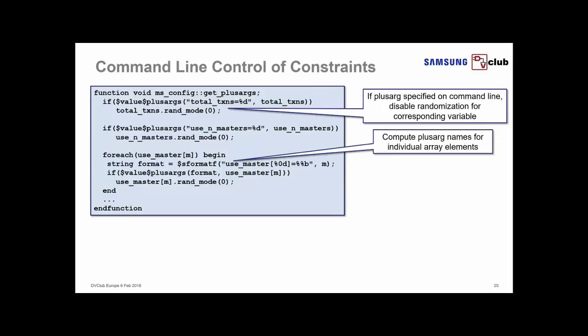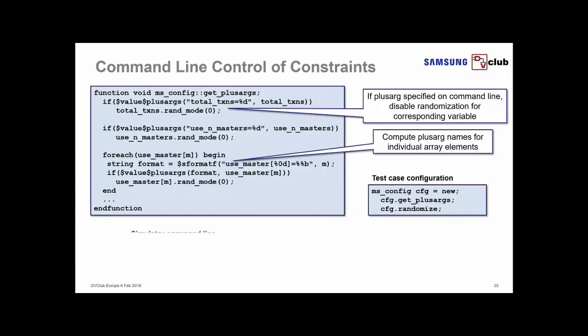We can do the same thing for the array types of elements. So for using master 1, master 2, etc., what I can do is write a foreach loop, which will procedurally compute the option name, the plus arg name, and then use the same technique. If that particular option is specified on the command line, grab the value and set the randomization to 0. And here's how I would use that in my test case.